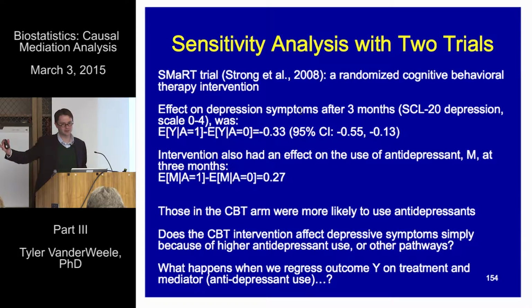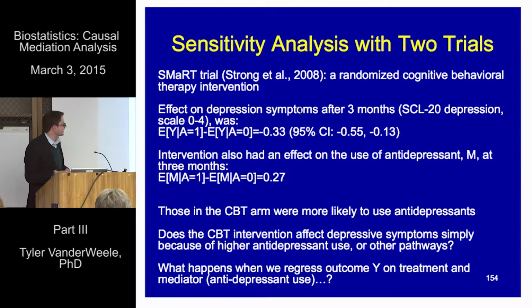Comparable at baseline, but those with therapy ended up also using antidepressants more. So the question arose, is there a direct effect of the cognitive behavioral therapy intervention on depressive symptoms independent of, not through, antidepressant use? If so, we'd want to retain the cognitive behavioral components. If not, we should just focus on compliance to antidepressants.